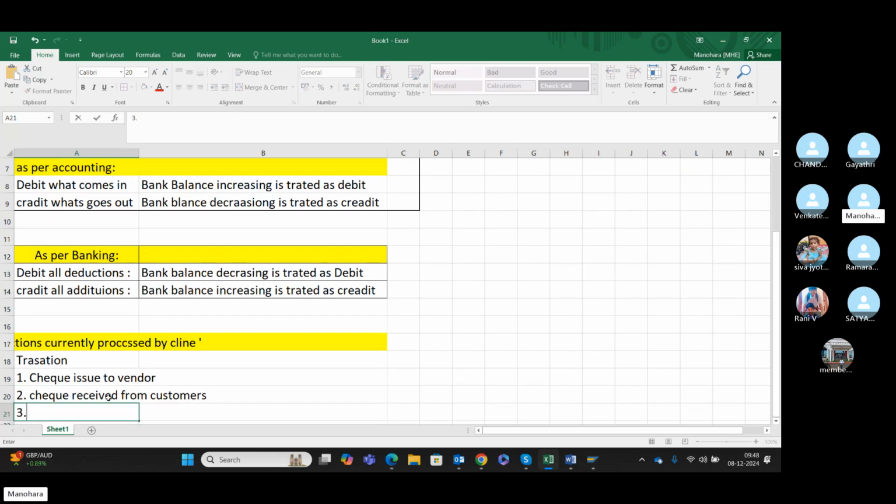Third point: bank transfer made to vendor.